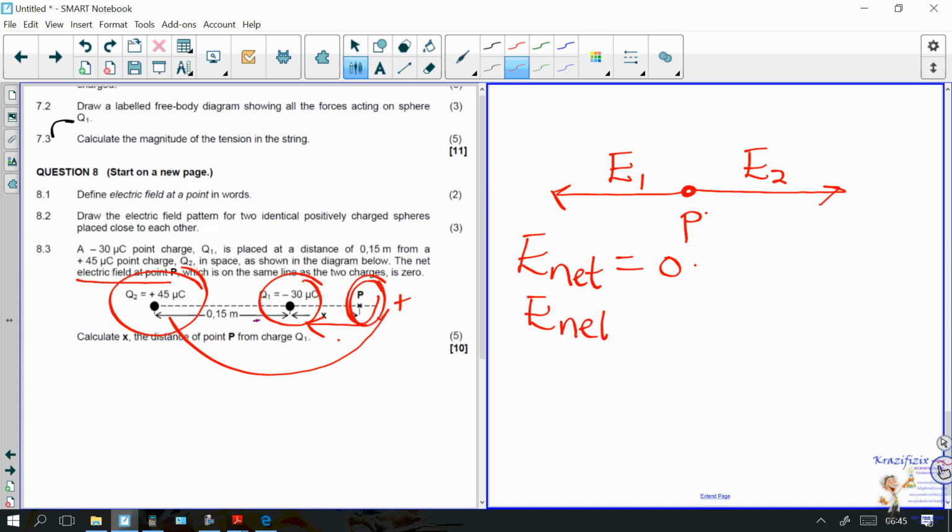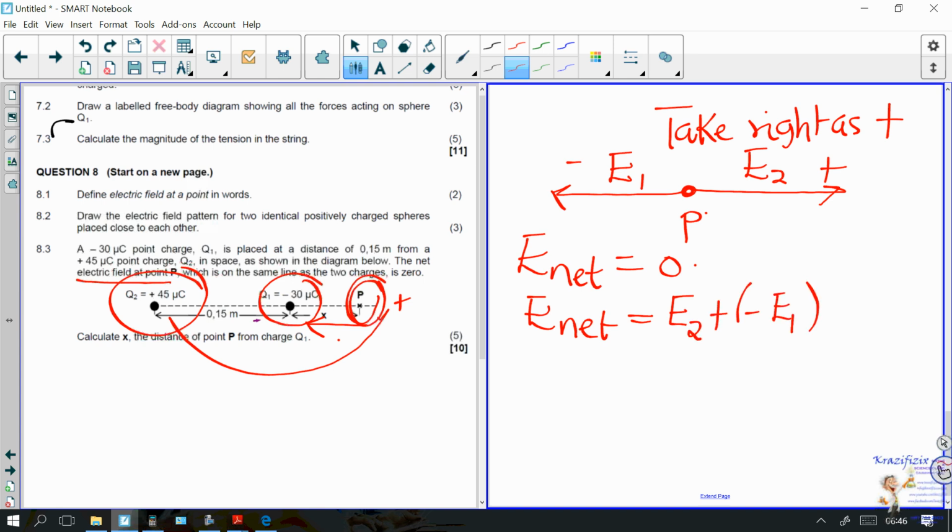What is my E net? I'll take right as positive. So E net now, if right is positive, my E1 is going to be negative. So I would now have E2 plus negative E1.